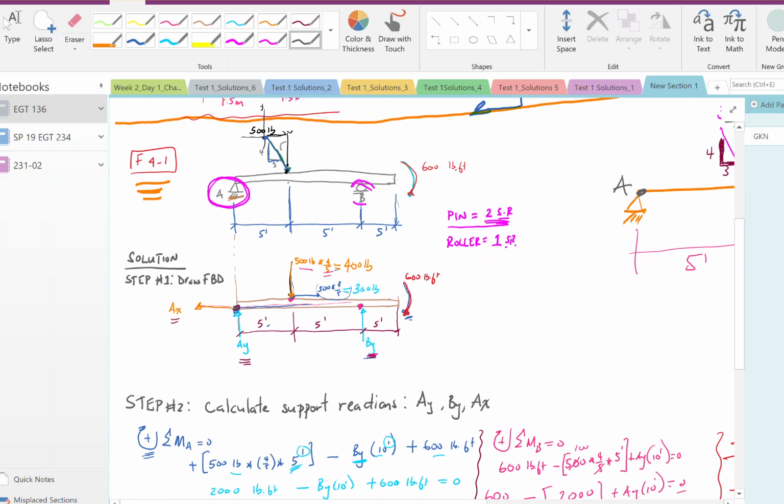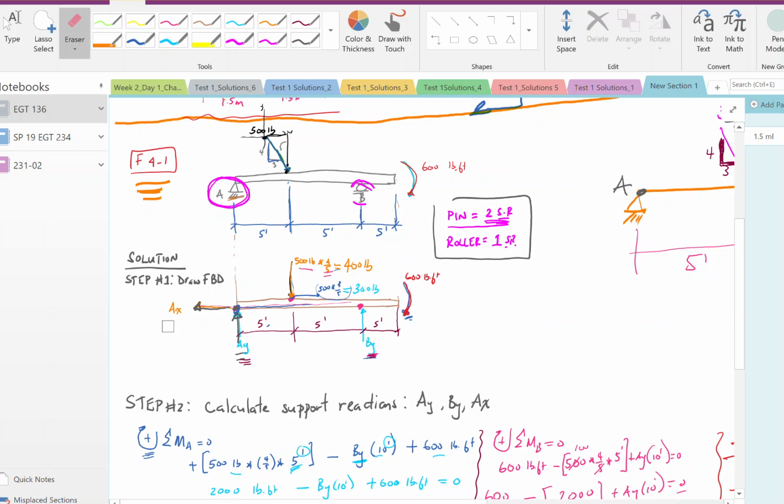It has two support reactions, both in X and in Y. And the roller has only one support reaction. Okay, so this is in our X direction, this would be in our Y direction, labeled AY, AX, because this is along the X axis, this is along the Y axis.